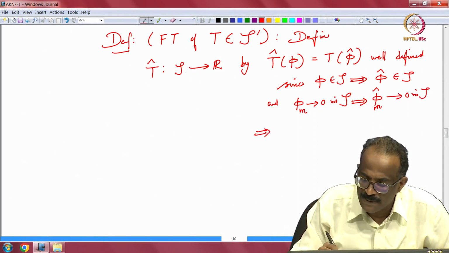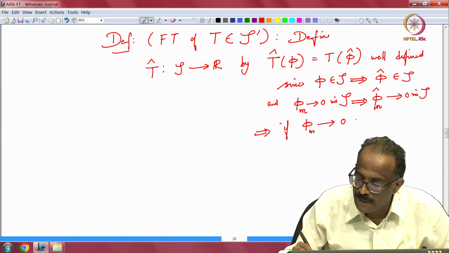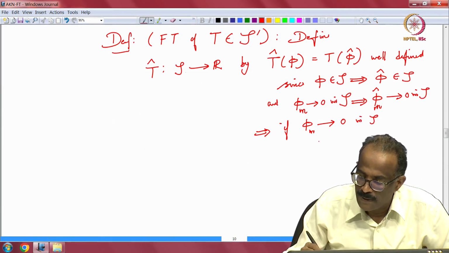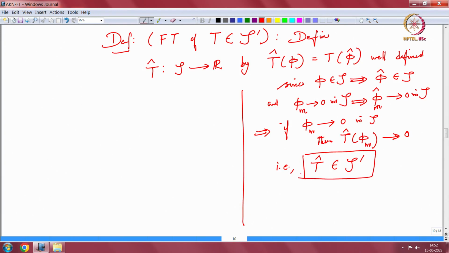That implies T hat of phi m goes to 0. That is, T hat is also in zeta prime. So, the Fourier transform is defined as a member of zeta prime.